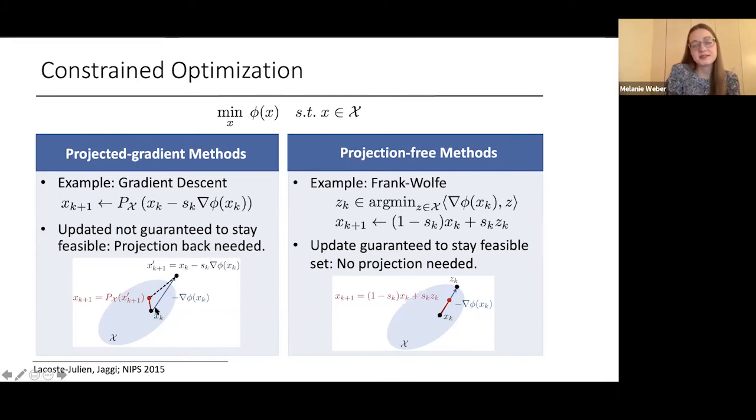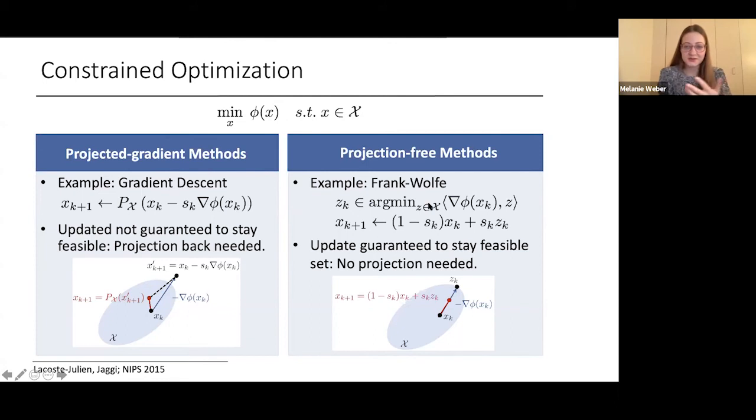So what happens is that we might step out of the feasible region where the constraints are fulfilled, which is here shown in blue. And in such cases, we have to project back onto the feasible region. So we have to compute a projection. And depending on the geometry of our constraint set, this can be quite expensive, especially when working in Riemannian spaces.